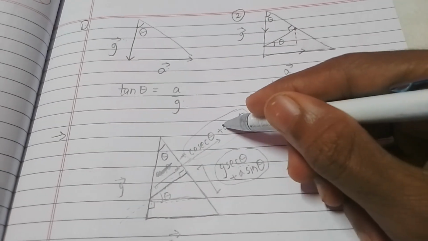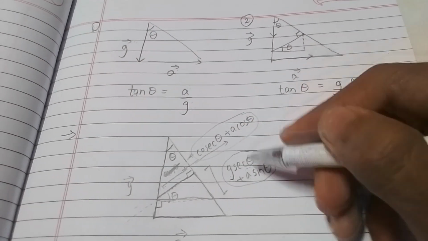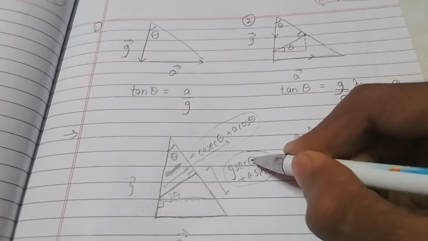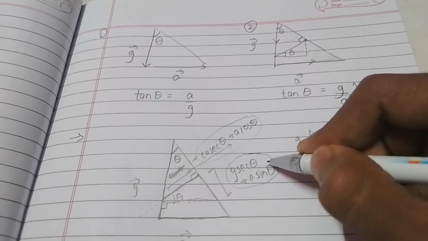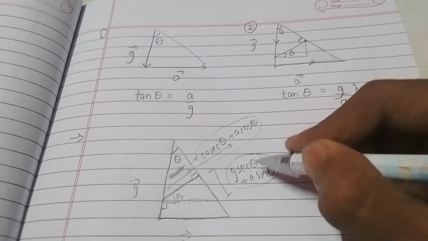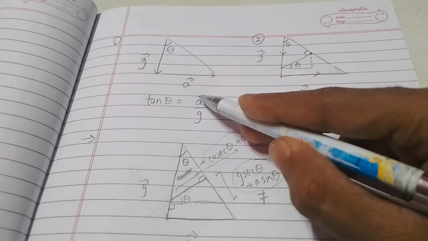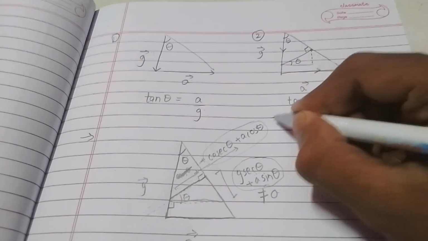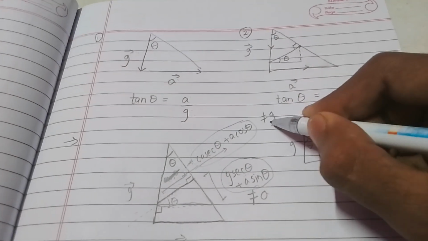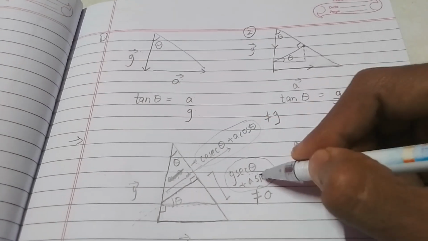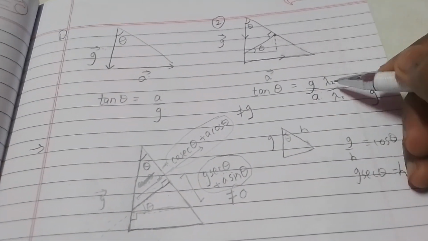This case is more genuine compared to this one, and I have proved it. You can simply assume this to be g equal to a and theta to be something else. So you cannot say that this is exactly equal to the a vector and this is exactly equal to the g vector, but you can definitely say that the ratio of these two is equal to a by g. Similar is the case there. I hope you understood it.